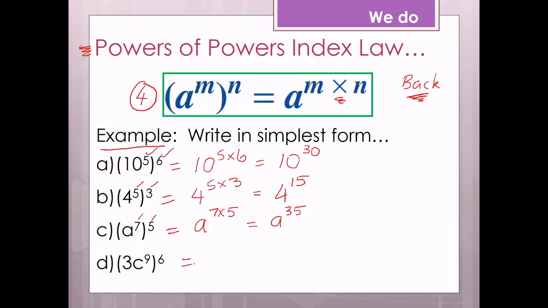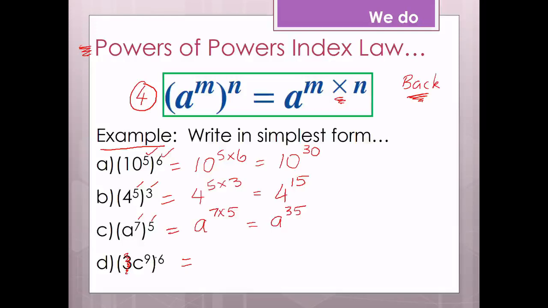Just as a little bit of a precursor for our live lesson tomorrow, I've also thrown in here part D. Now I've put part D in here because this is what these questions mostly look like when it comes to powers of powers. And part D says 3c to the power of 9 raised to the power of 6. Now the way that I'm going to show you this one is I'm just going to ignore the 3 for the time being.